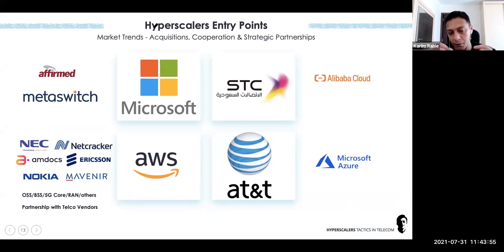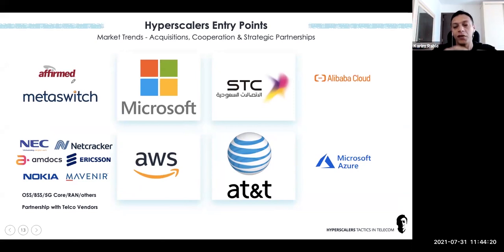I picked some examples. Microsoft, to have a sharp portfolio that enabled it to enter the telecom market, did acquisitions. They acquired Affirmed, they acquired Metaswitch, and as a result, Microsoft now has a full 5G offering, like an IMS.